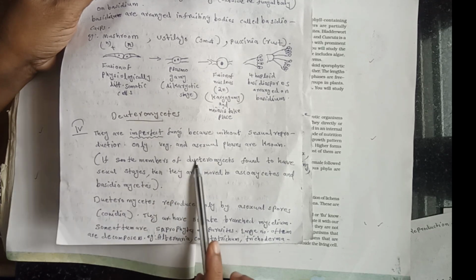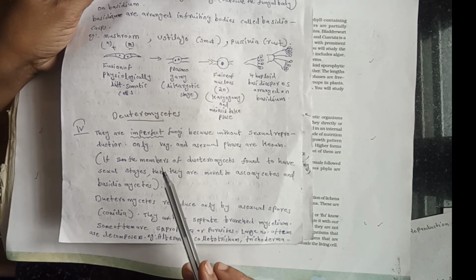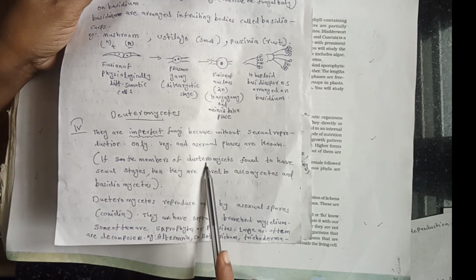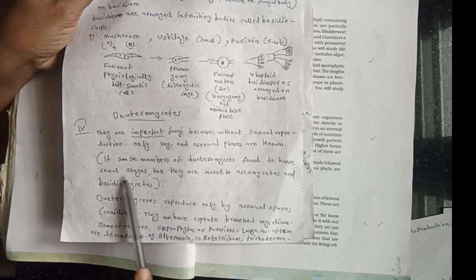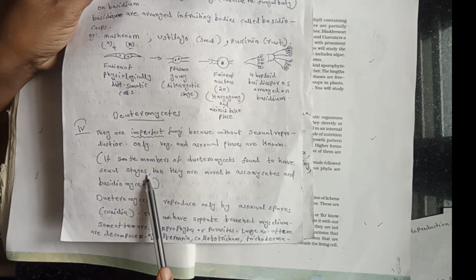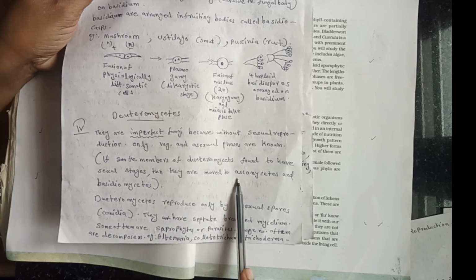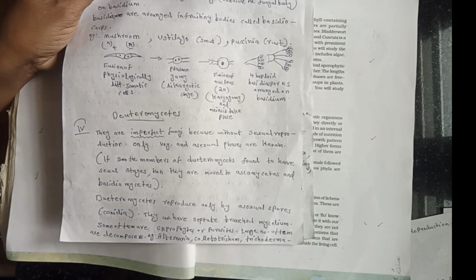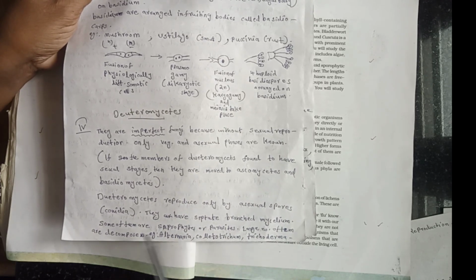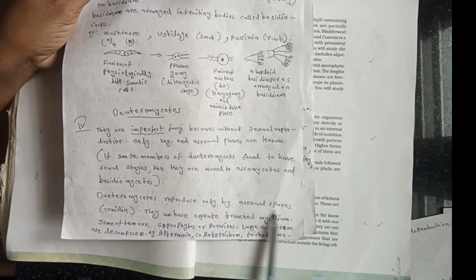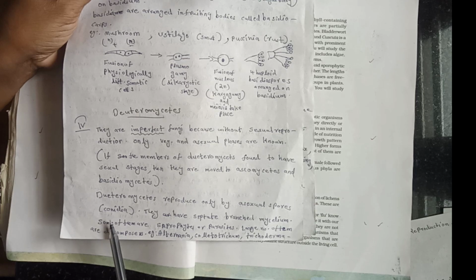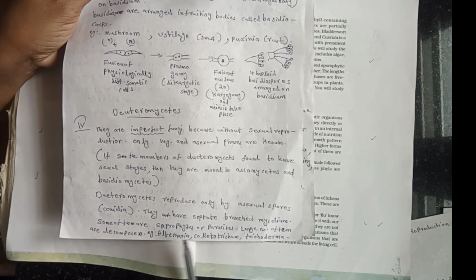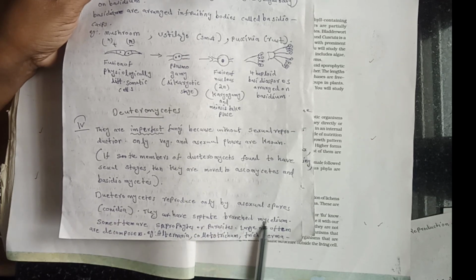Here is an important point. If members of deuteromycetes are found to have sexual stages in future, then they are moved to the category ascomycetes and basidiomycetes. Deuteromycetes reproduce only by asexual spores, that is conidia. They have septate, branched mycelium.